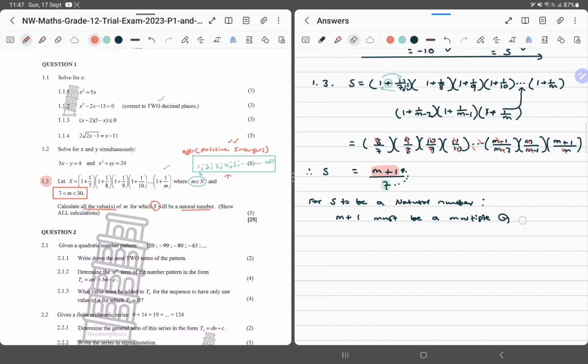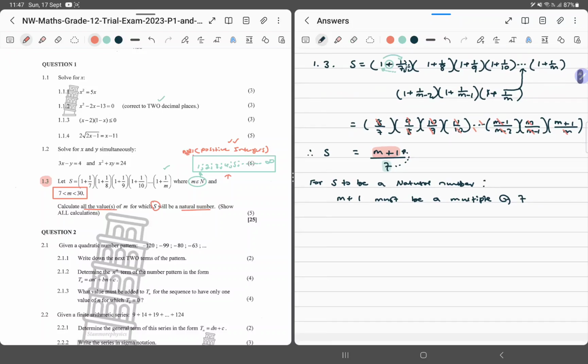So this implies that m plus 1 can either be 7. Now if this is 7, what happens? It means m is 6, because when you transpose 1, you get 6.